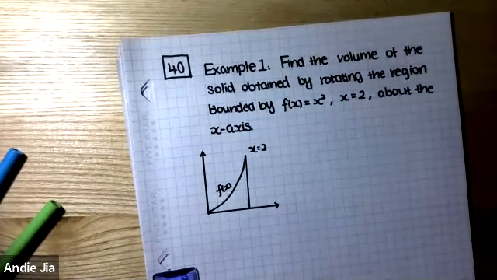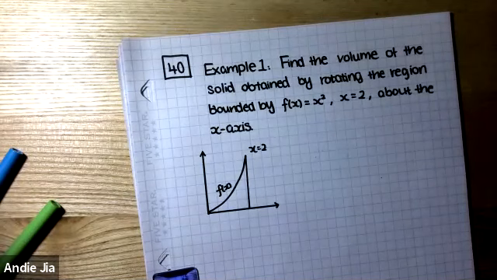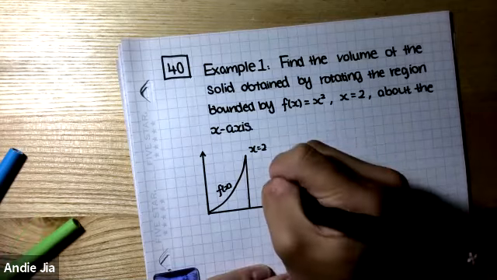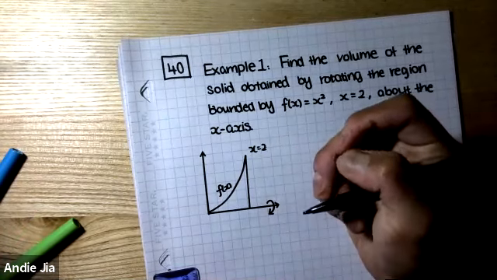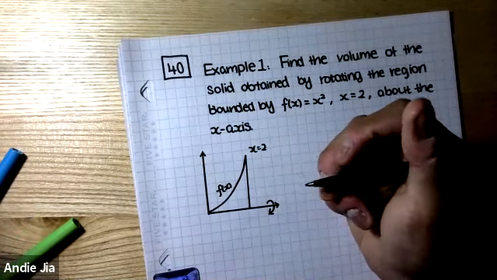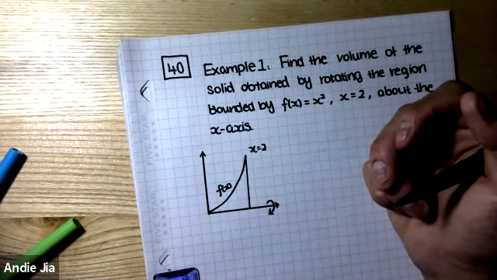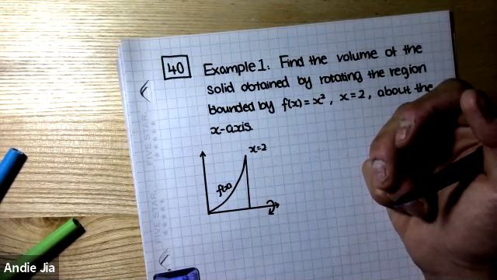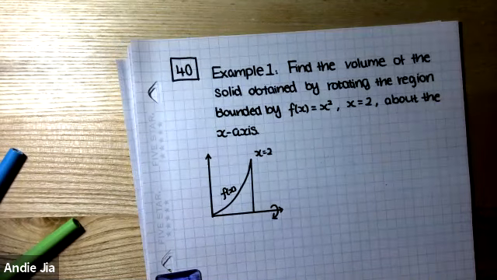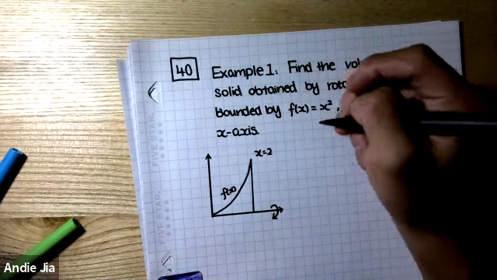You just rotate about the x-axis. So this is not a washer. This is a disk, since only one function is involved.